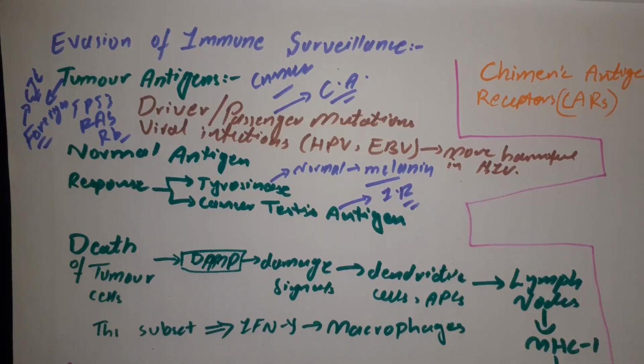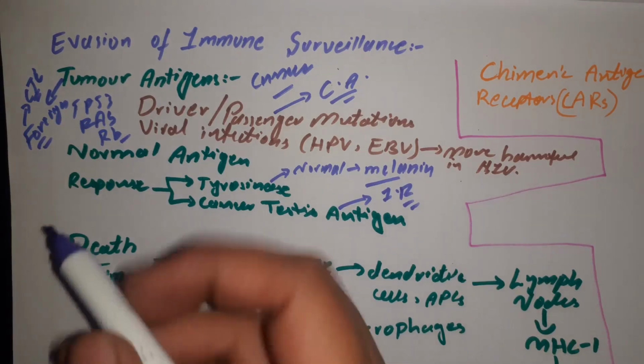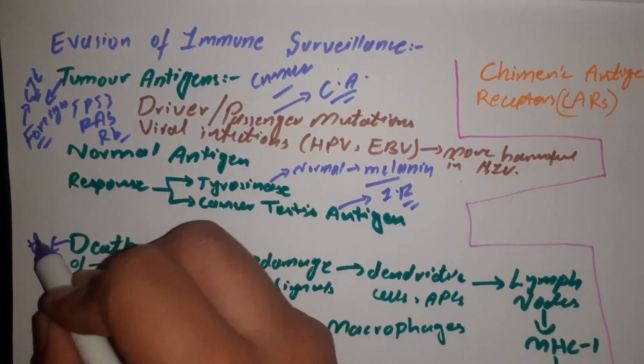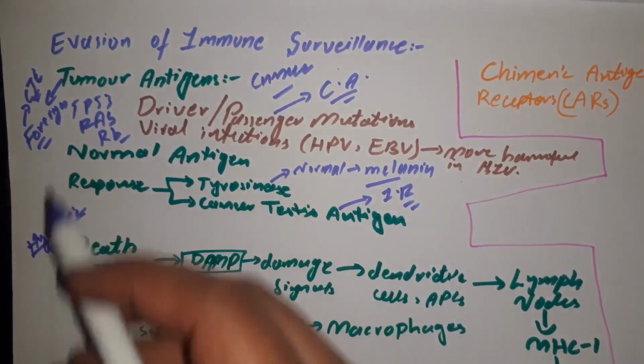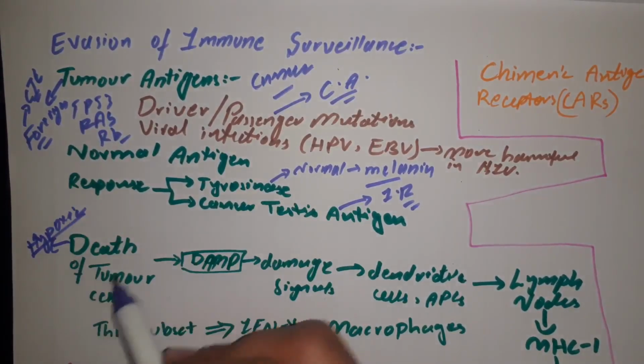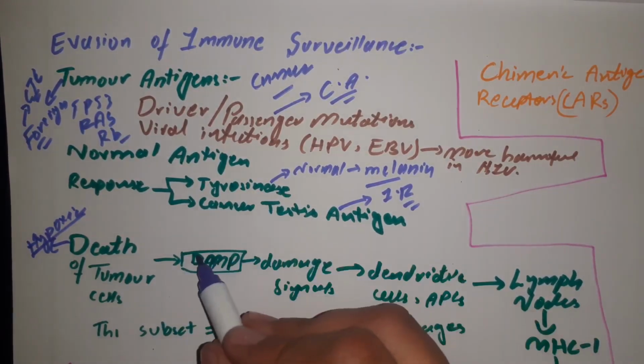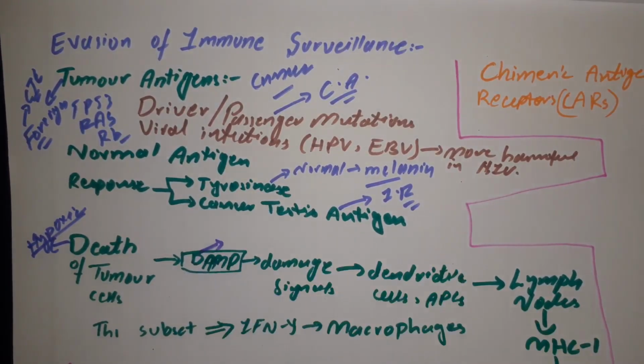So how does this immune response occur against the tumor cell? What happens? Tumors are usually hypoxic due to their always increasing demand for oxygen and nutrients. So some tumor cells die away, and due to death of these tumor cells, there is a release of damage associated molecular patterns, which we know are specific sequences present inside the cell.